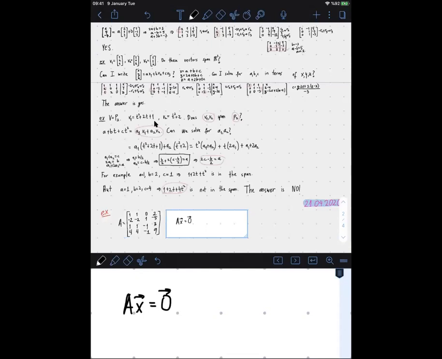Remember, this is called a homogeneous system.